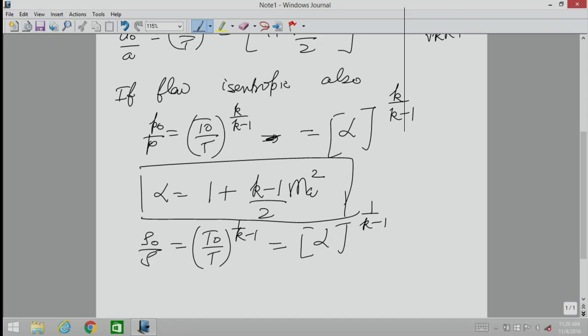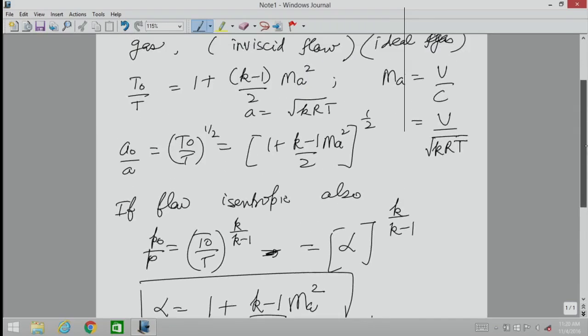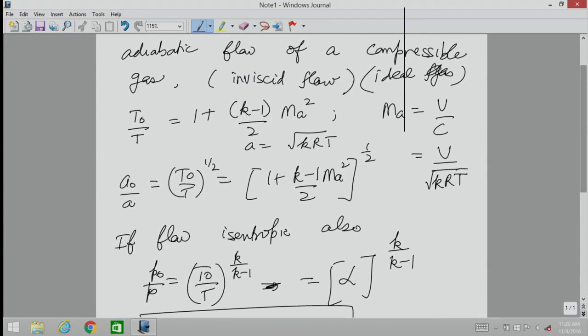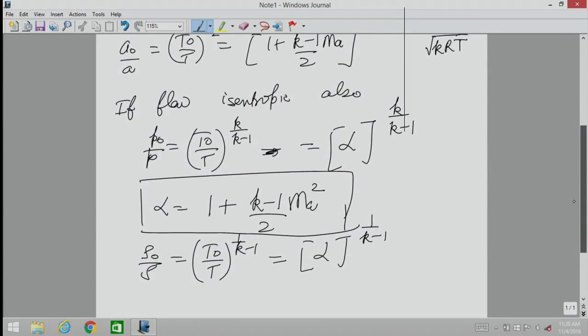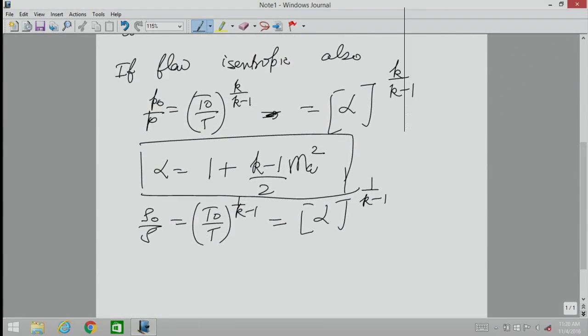So here what we find is, if we look at all these quantities, temperature, speed of sound, pressure and rho, all these are functions of Mach number and the stagnation state.